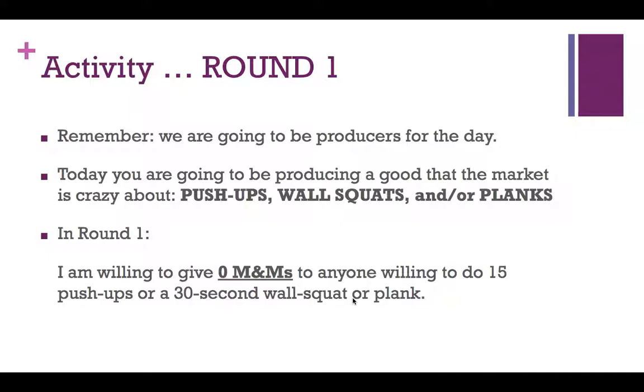So what that means is when I come back, anyone who volunteered this round to do a wall squat, a plank, or push-ups, I will come back, and when I get back, I will give you 0 M&Ms. So if anybody's willing to do it, pause the video, set a 30-second timer, and allow them to do their push-ups or wall squats or planks.